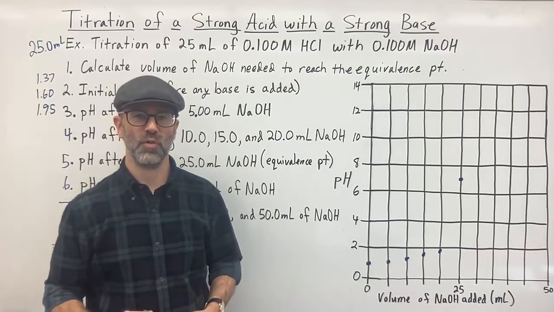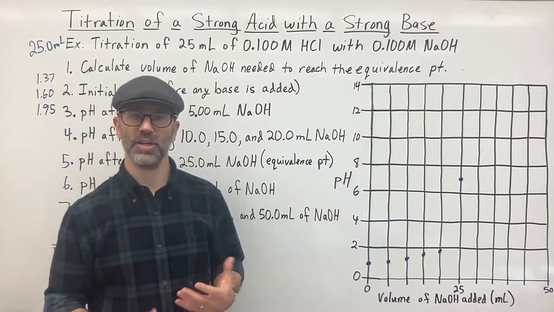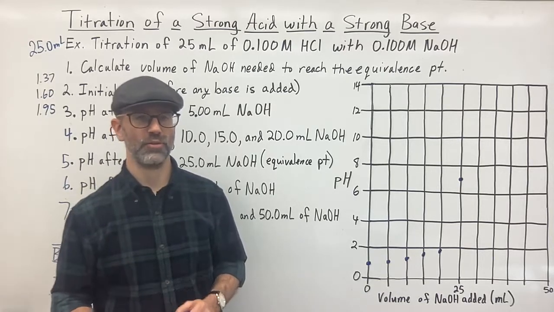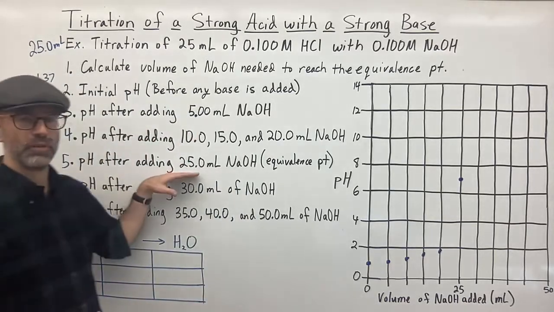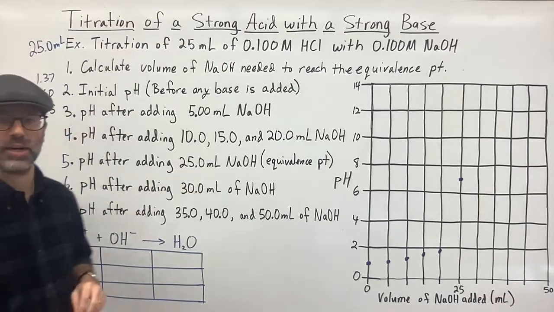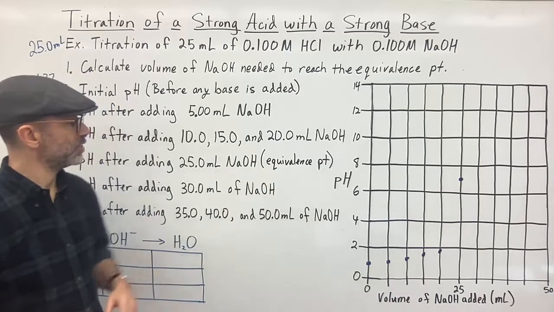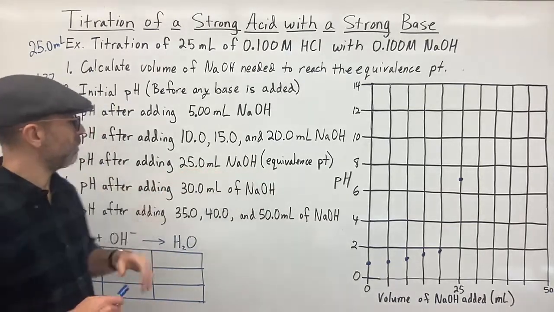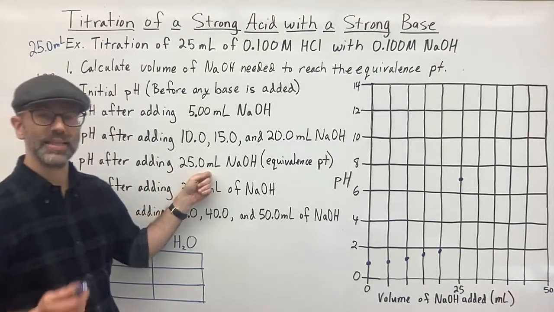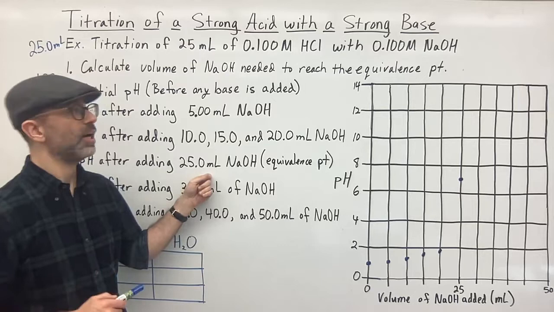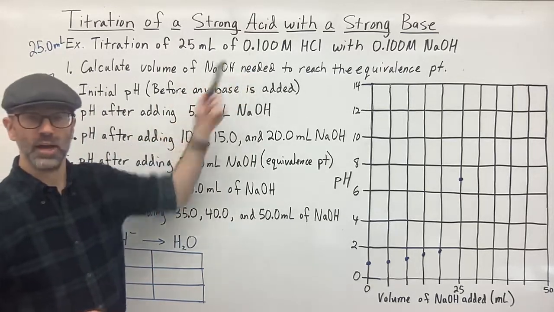My name is Mr. Cobalt, and in this video I'm going to continue going over the titration of a strong acid with a strong base. So where we left off was the pH after adding 25 milliliters of our NaOH solution. We were at the equivalence point, and because we had added 25 milliliters, we know that's the same number of moles of NaOH that's needed to neutralize this strong acid.